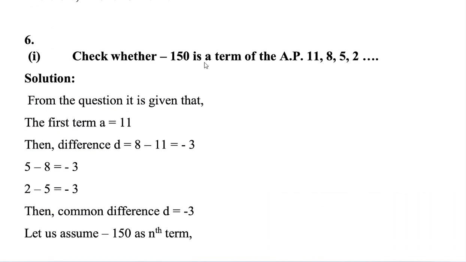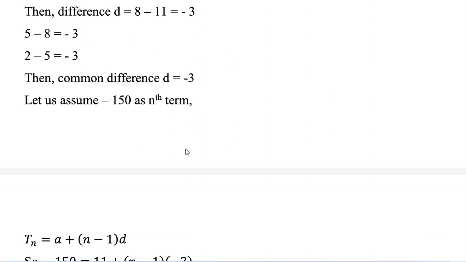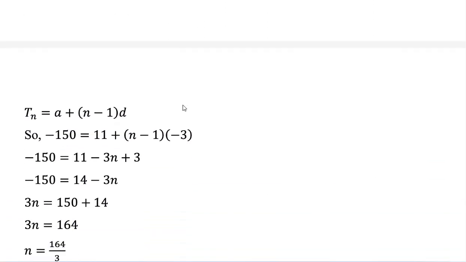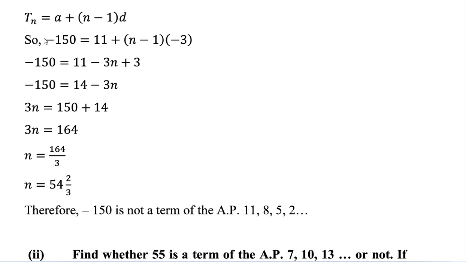Check whether minus 150 is a term of an AP. So the first term is 11, common difference 8 minus 11 is equal to minus 3. Let us assume that the nth term will be minus 150. So write Tn is equal to minus 150. We know the values of A, we know the values of D, but we don't know the value of n. So one equation with one unknown variable.